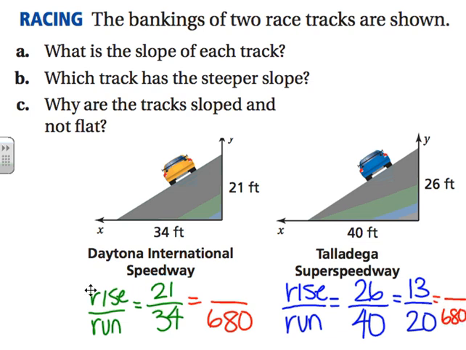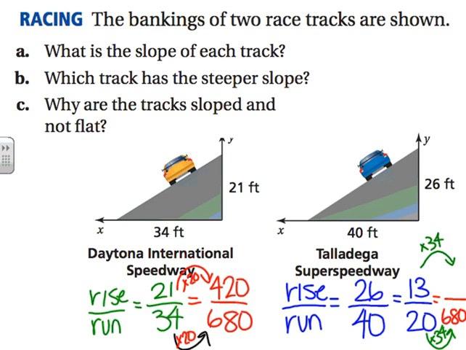So we're looking at what do we multiply 34 by to get to 680. We're actually multiplying by 20 because that's how I got that common denominator. So 21 multiplied by 20 would be 420. Okay, so that's multiplying by 20 and multiplying by 20. Okay, second one, this time we're multiplying by 34.